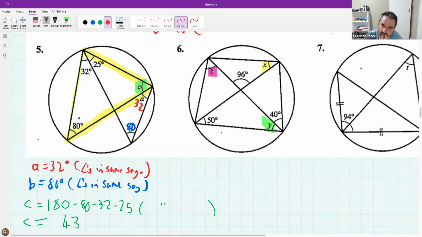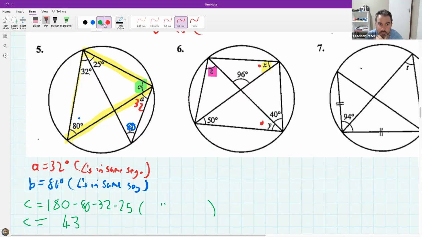Which one is the easiest to get first? So those two are equal. So this x and y feel like they are going to be the same. But the problem we have is we don't know what x or y are.